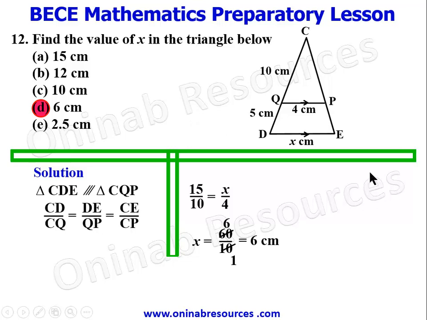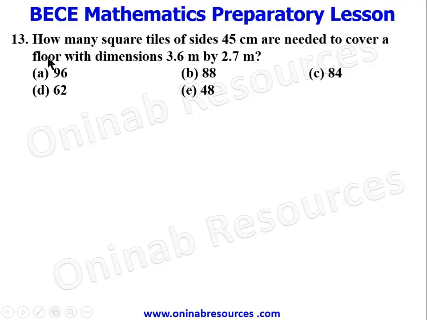We go to problem 13. For problem 13, how many square tiles of sides 45 centimeters are needed to cover a floor with dimensions 3.6 meters by 2.7 meters?